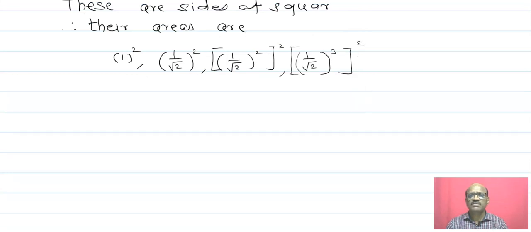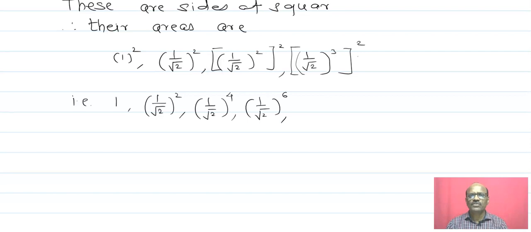Therefore, we are getting 1 upon root 2 bracket square, 1 upon root 2 bracket raised to 4, 1 upon root 2 bracket raised to 6.